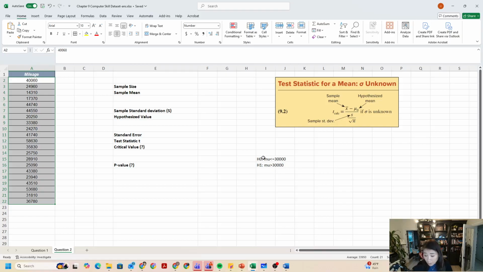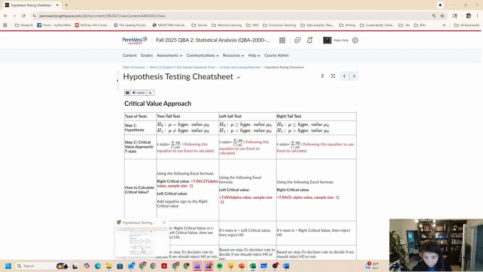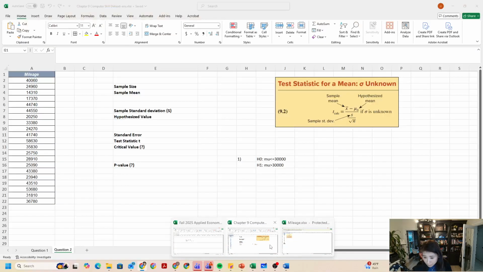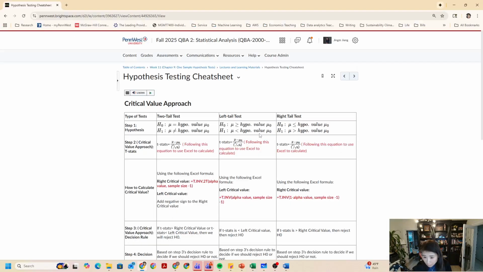After you set up step number 1, your hypothesis, you can leverage Dr. Jiang's cheat sheet to see whether you are looking at the two tail, left tail, or right tail. Since we are testing the alternative hypothesis that mu is larger than 30,000, we are working on a right tail test, because mu is larger than the hypothesized value of 30,000.